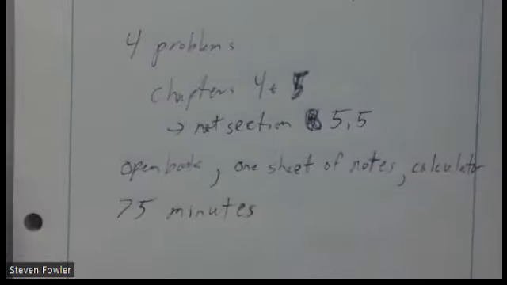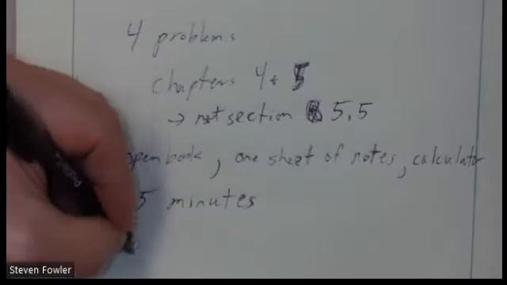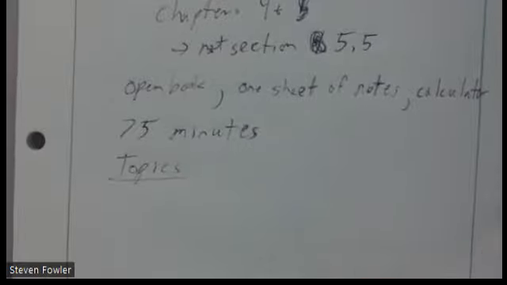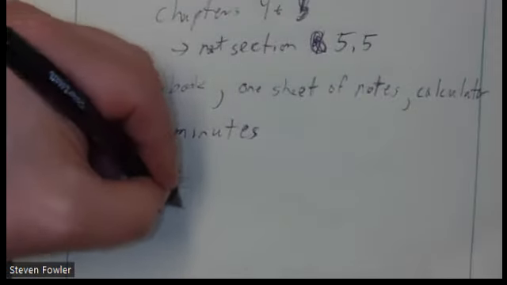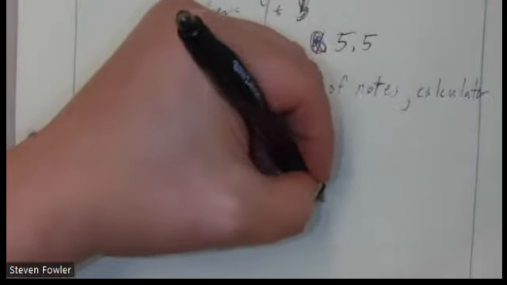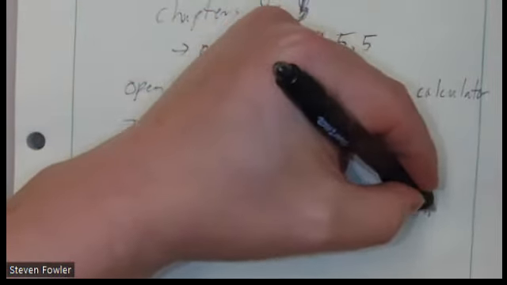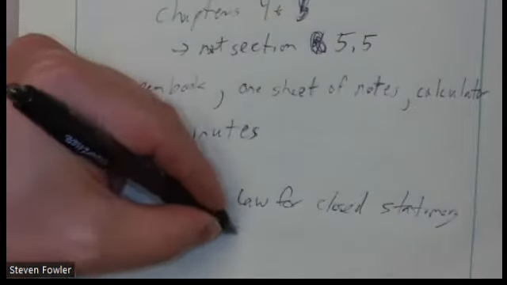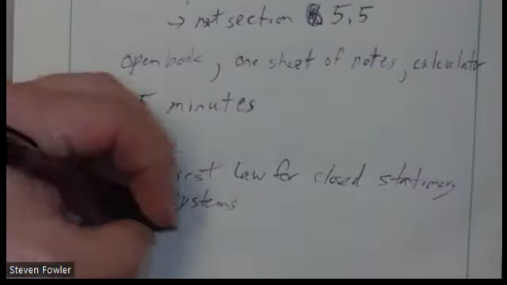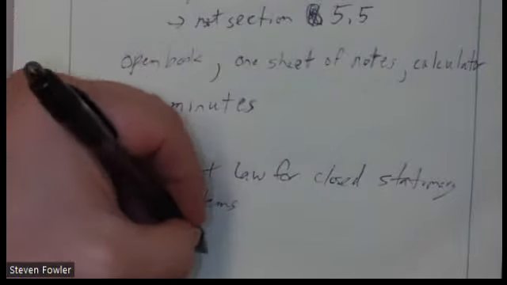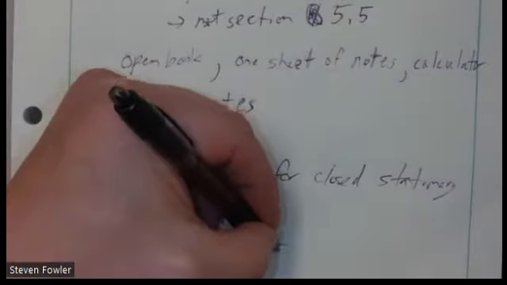Okay, so we look at topics. Chapter 4 is essentially first law, closed, stationary systems. And that's again, it's always this idea of in minus out equals change. It's a conservation law.